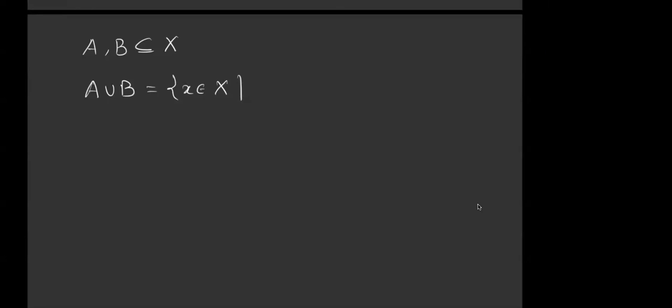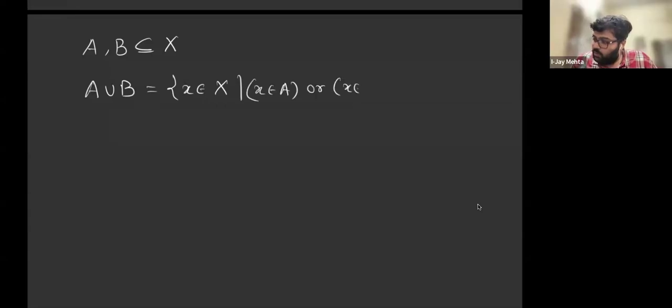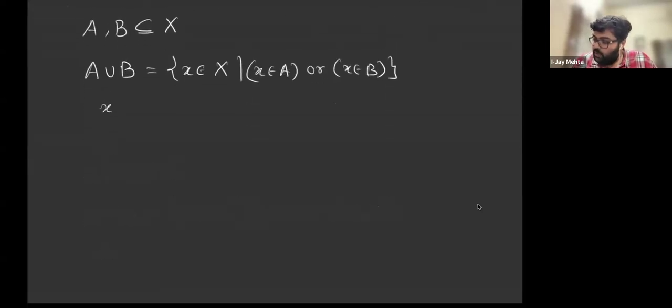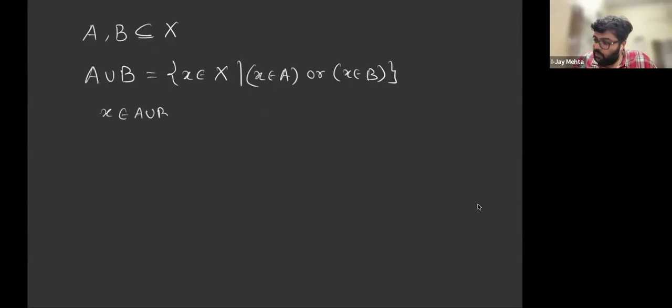X belongs to A or X belongs to B. Yes, X belongs to A or X belongs to B. So if I write X belongs to A union B, that means X is in A or X is in B.